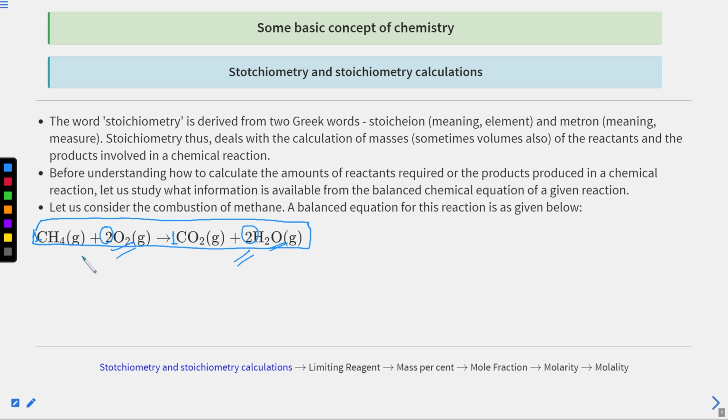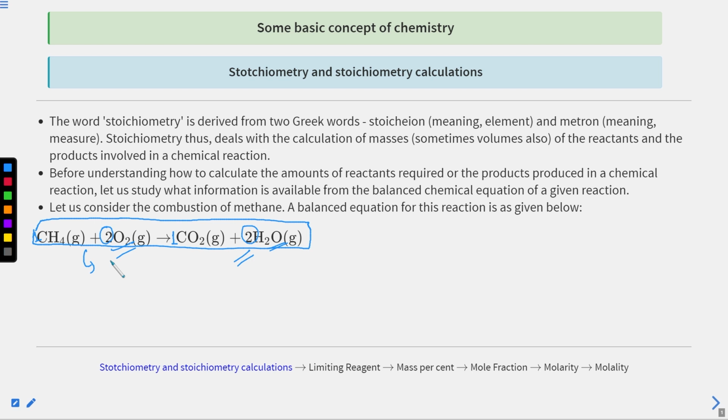Now what can be derived from this chemical equation? There are 2 to 3 points that can be derived from this single chemical equation. We can say that one molecule of methane reacts with two molecules of oxygen to give one molecule of carbon dioxide and two molecules of water. That's a statement.